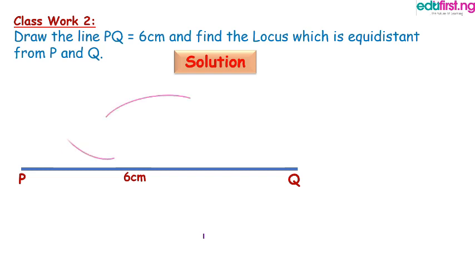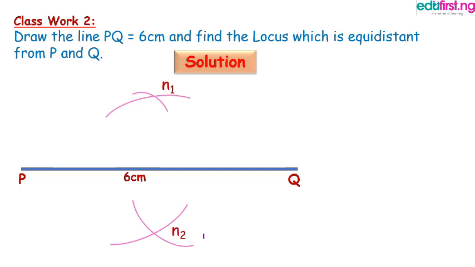We create an arc. At point Q, we create an arc on top of line PQ, and create another one below it at that same extension of the compasses. We start at point P, create another arc on top, and create another one below. You see that the arcs intersect each other at points N1 and N2.